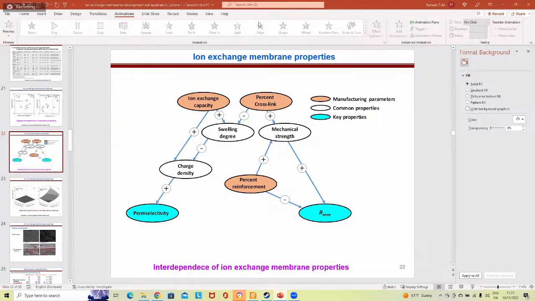What is the state of the art for the scalability and stability of the ion exchange membrane for water electrolysis for H2 production? Is it ready to be industrialized or under research? Okay, so I can see the question here also.